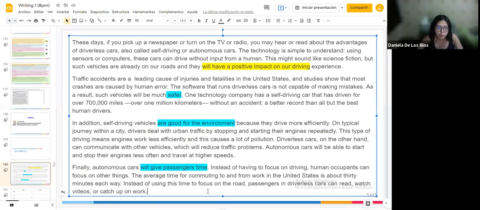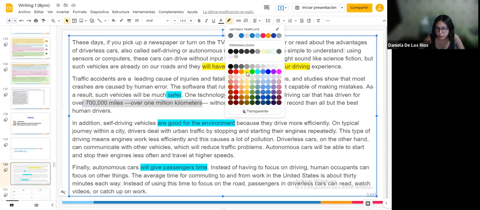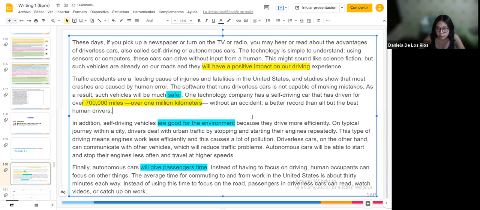First, it mentions that there's a company who just tests their driverless car, and it drives over 7,000, I don't know, miles, and without an accident. So I think that that's a good example.